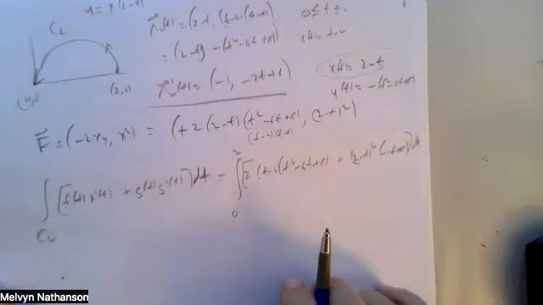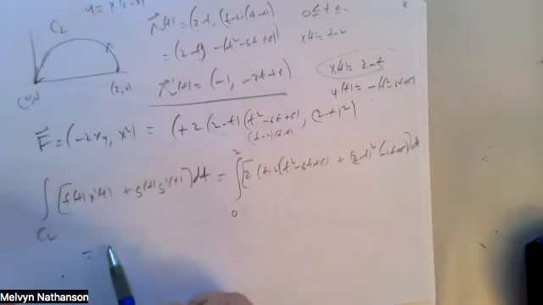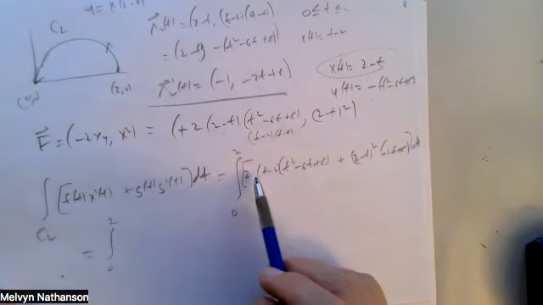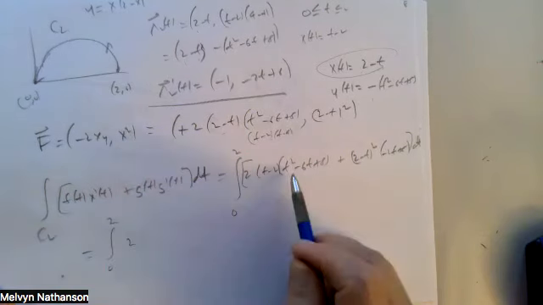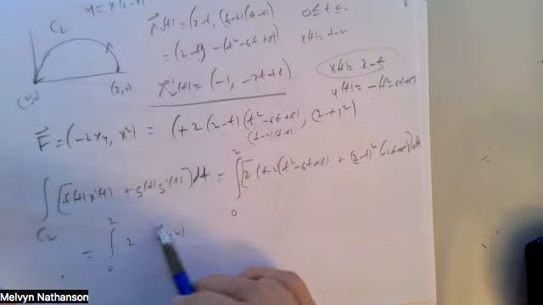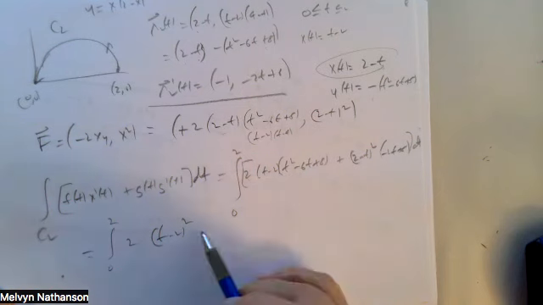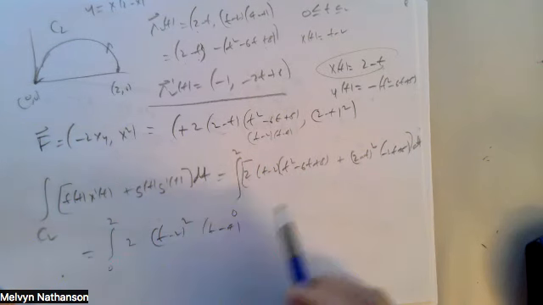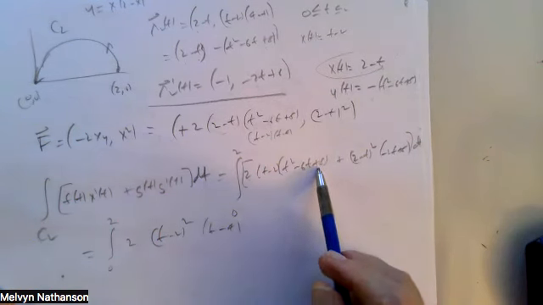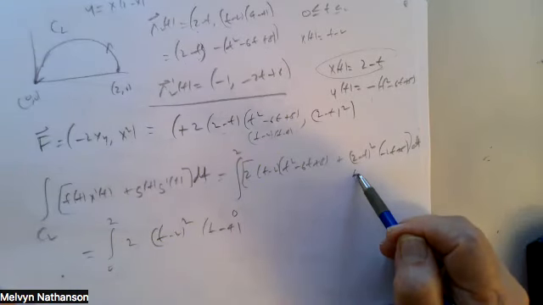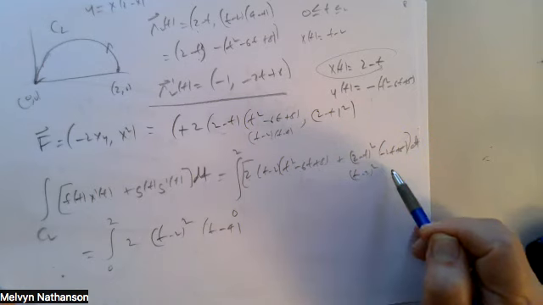dt. Let's see if I can just simplify this in some way. This is the integral from 0 to 2. This is 2, t minus 2 squared, t minus 4. This is t minus 2 times t minus 4. T minus 2 squared is the same as 2 minus t squared.